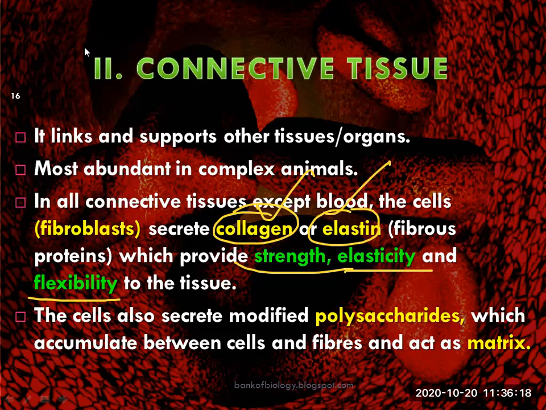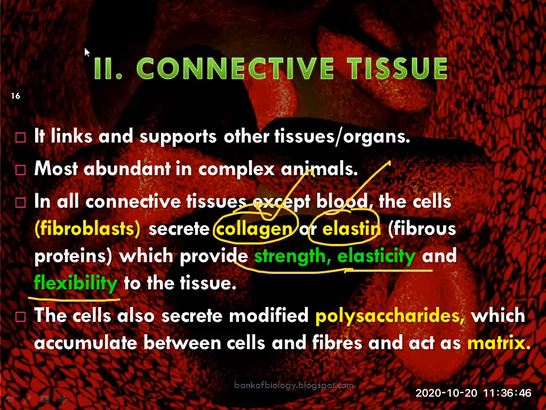The cells also secrete modified polysaccharides, which accumulate between the cells and fibers and act as a matrix. The gap between the cells, we already said, is the intercellular matrix.